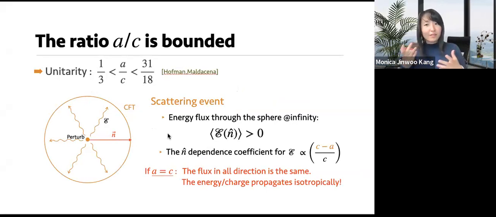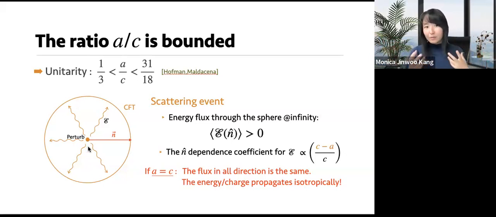So we should think of some scattering event that we can do in the conformal plane in the setup. Let's say there is some excitation happening here, then all the operators that will be excited thereof will have excitation radiated throughout.